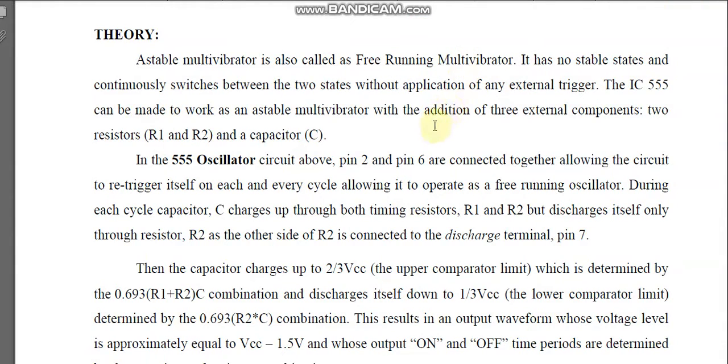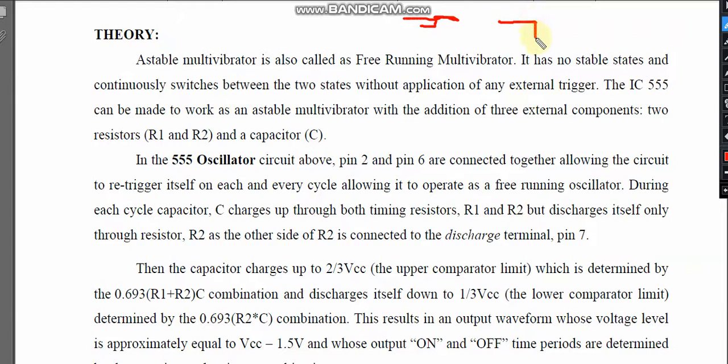We can design this using a 555 timer. I have already explained the internal block diagram of the 555 timer, so the same explanation applies here. When the capacitor is charging, it goes to the high level, which is 2/3 of VCC.